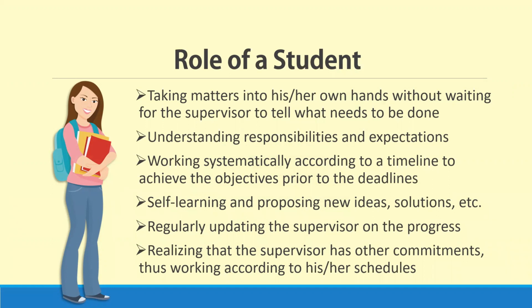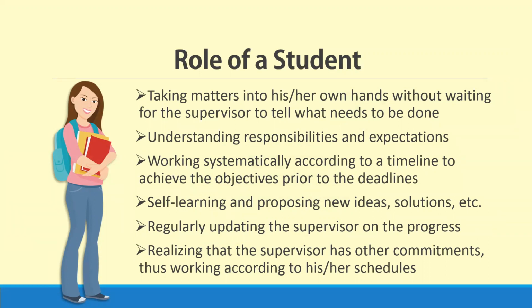Right? So the student is in the driving seat. The supervisor is there just to supervise, or else just to give guidance. The supervisor will not be telling the student what to do, or how to do, or when to do. So the student is supposed to be self-driven, and should be taking decisions.